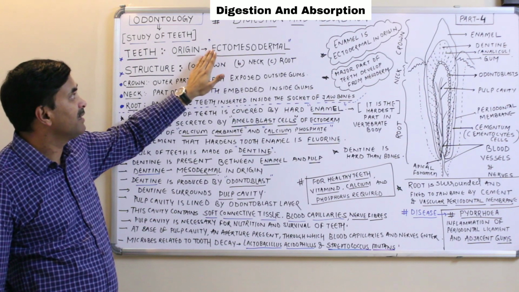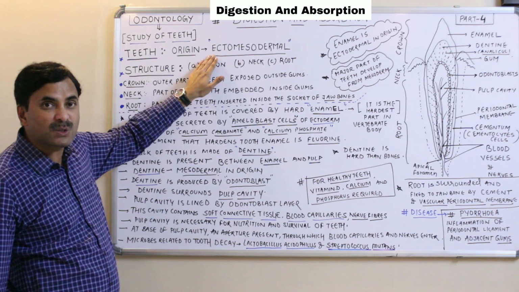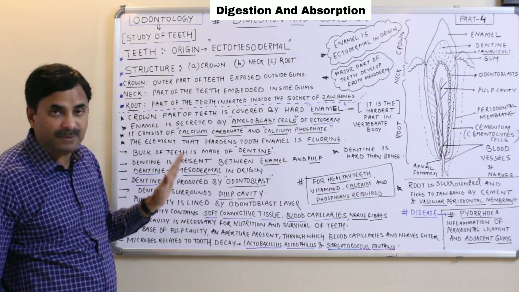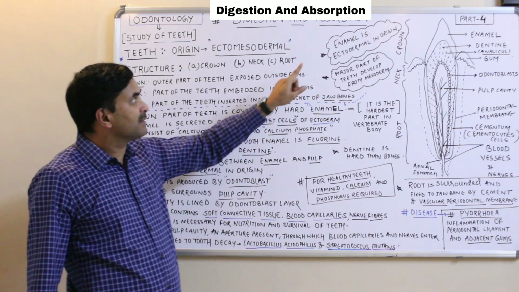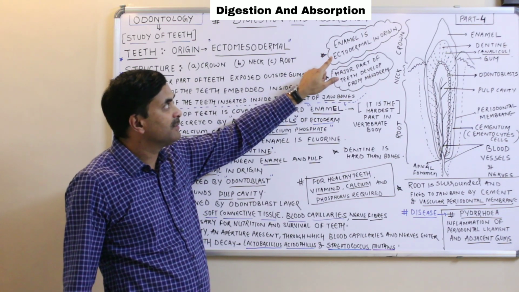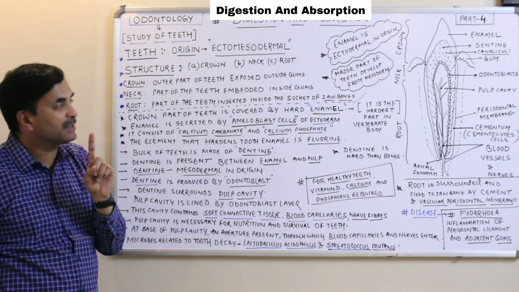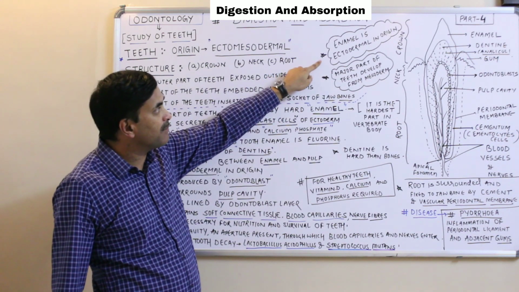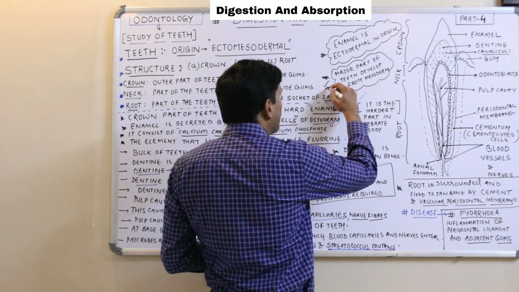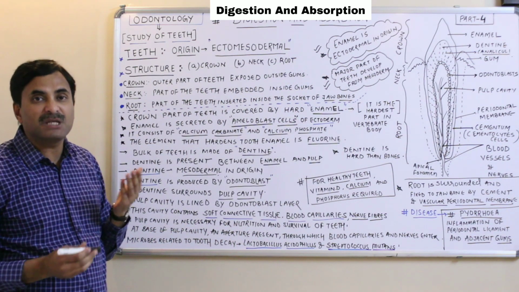It means that teeth originate from two embryonic layers. One is the ectoderm and another is the mesoderm. Remember this: the enamel part of the teeth is ectodermal in origin, while the major part of the teeth develops from mesoderm.